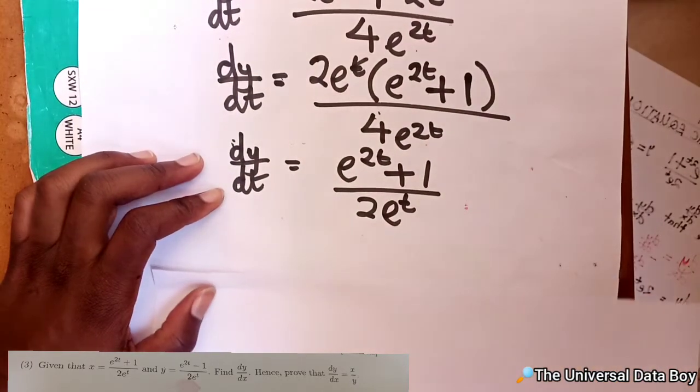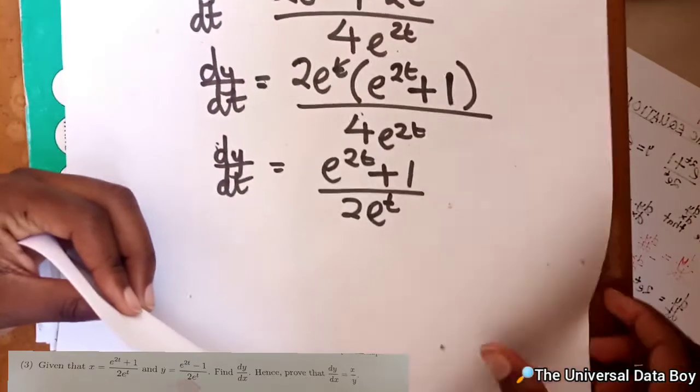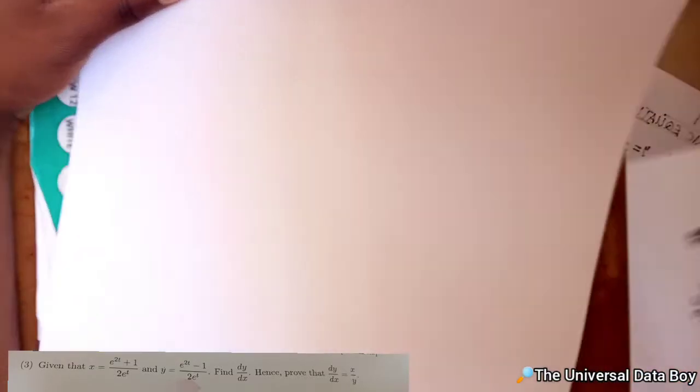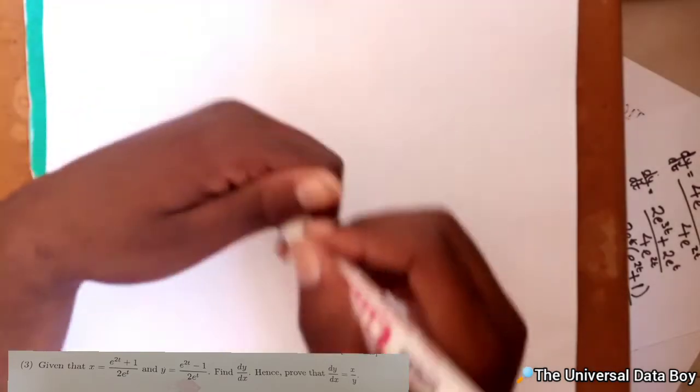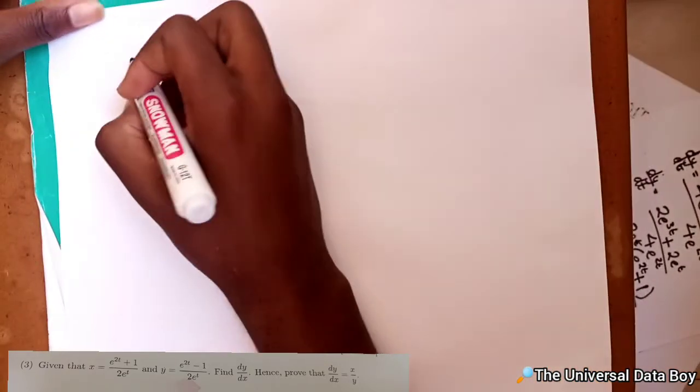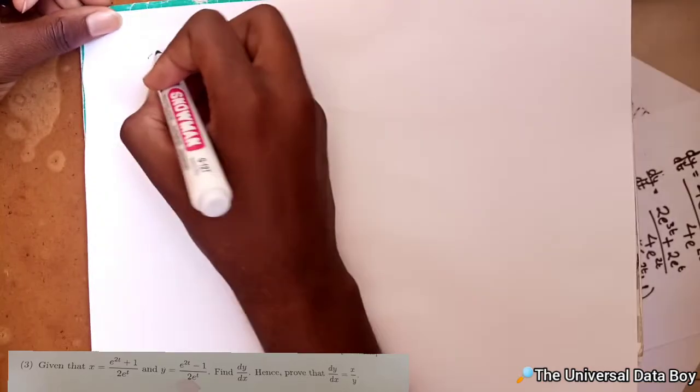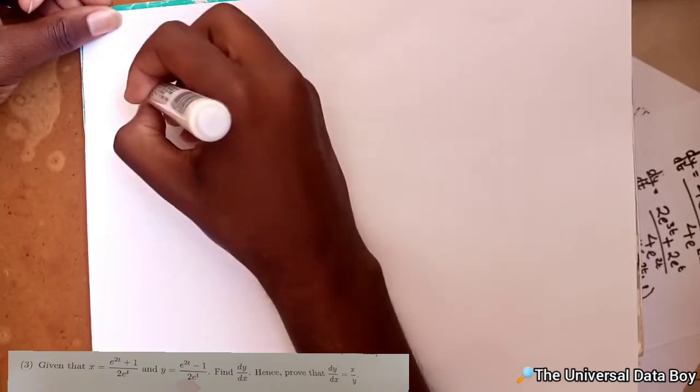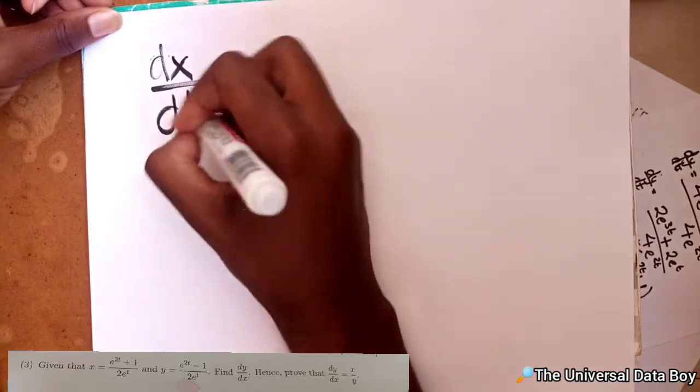So we're going to get another paper to find our dx over dt. So we are going to find dx over dt.